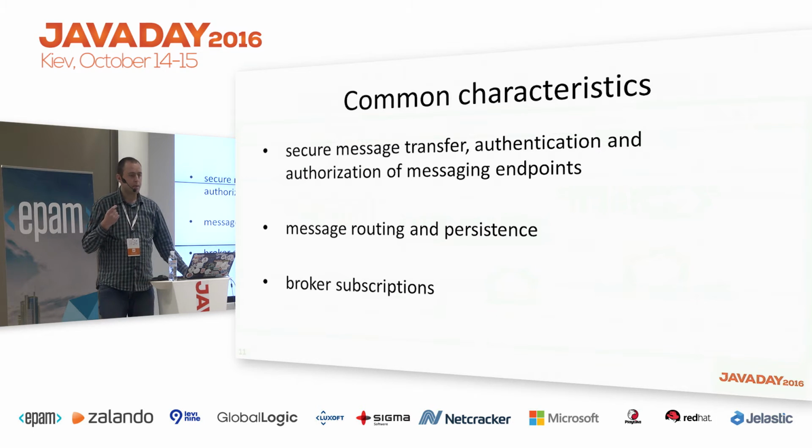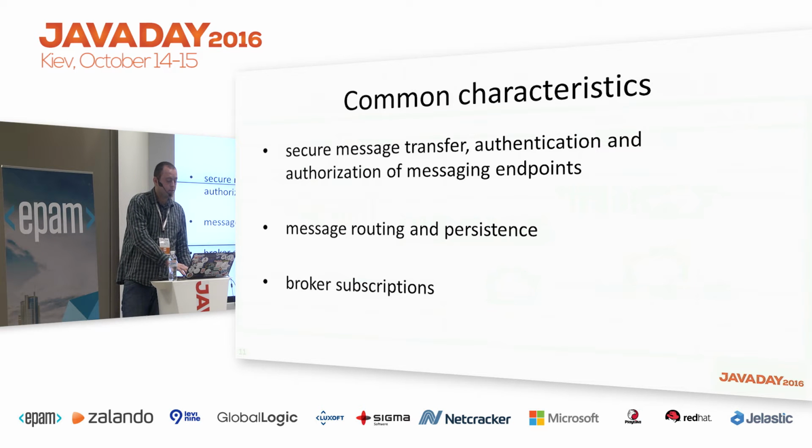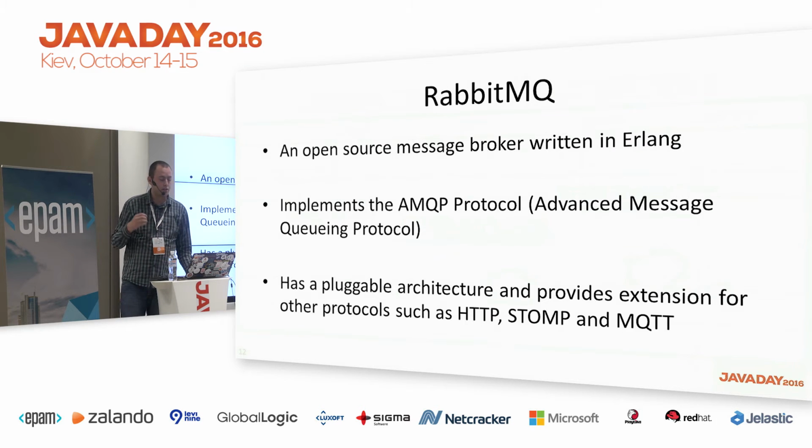The other common thing about most message brokers is that they need to provide some form of internal message routing, where you would like to route a message based on some criteria to one or more subscribers. And in most cases a broker needs to provide some form of persistence, where you can persist the message for resiliency reasons. And last but not least, brokers provide the ability to have clients that subscribe to the broker. So these are just a common set of characteristics for a message broker.